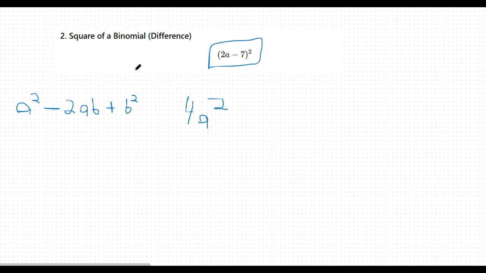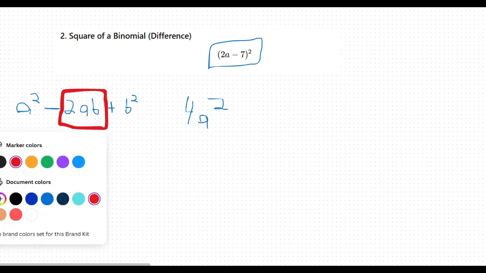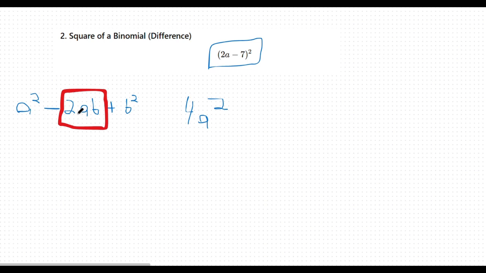All right, now we have minus 2ab. An important point here is don't try to include this negative sign in your calculations. This negative sign is its own entity. What you're going to get is still going to be subtracted.